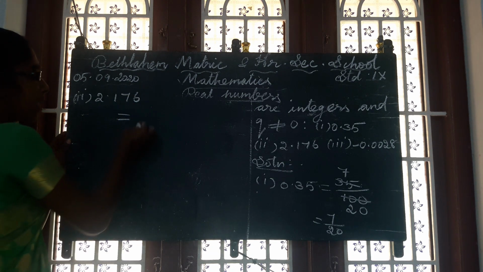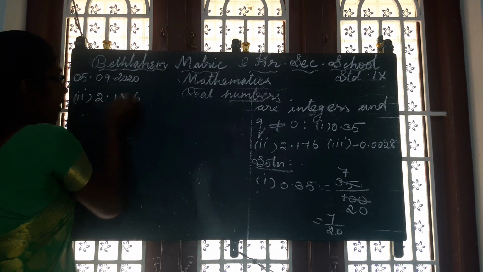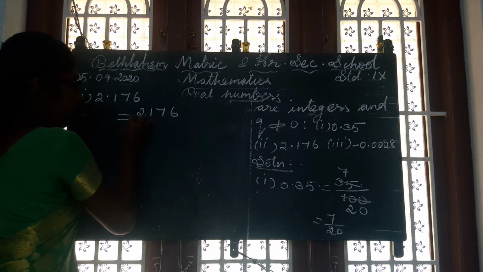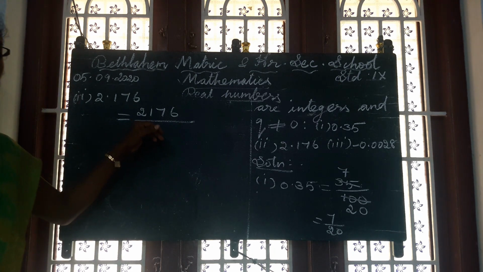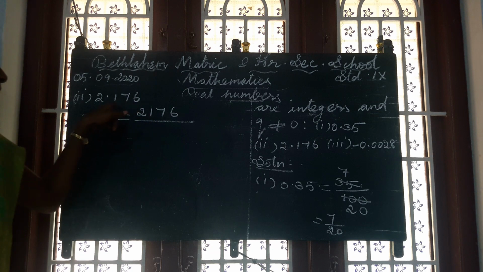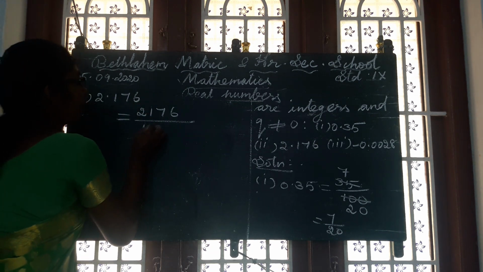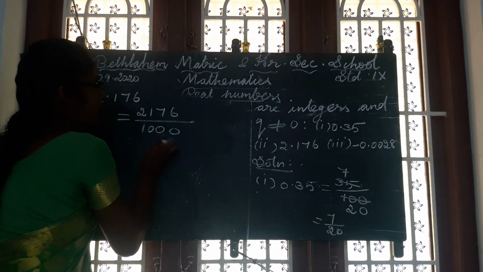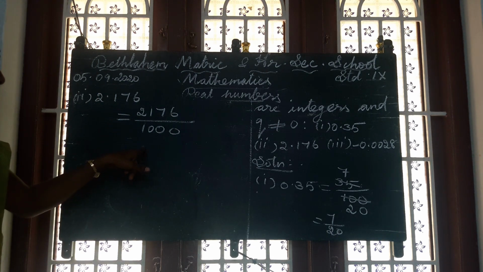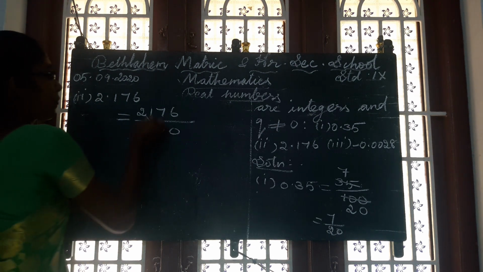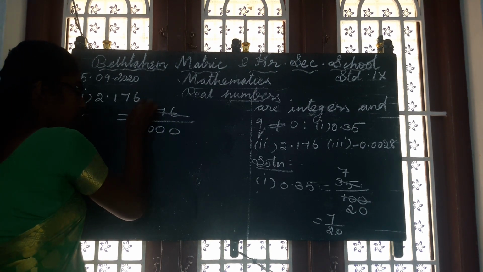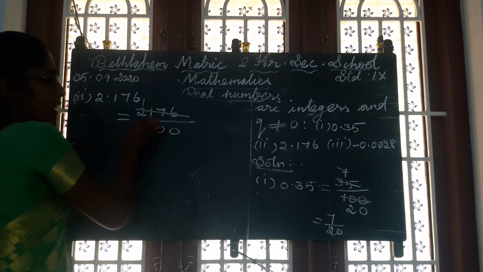First we write the number without the decimal point, including 2: 2176. Denominator, which number do you have to write? After the decimal point 3 digits are there, so we have to divide it by 1000. In 1000, 3 zeros are there. First we can cancel by the 2 table.